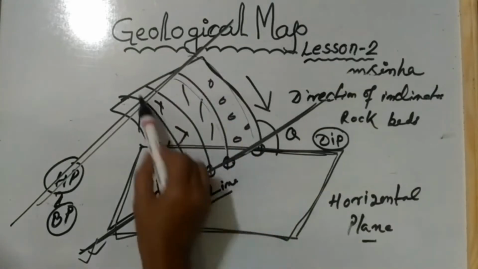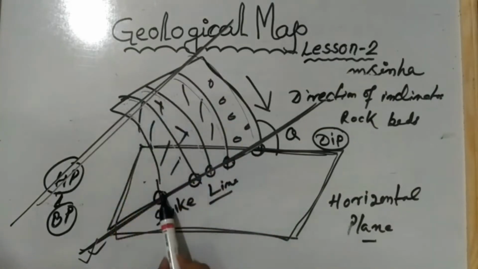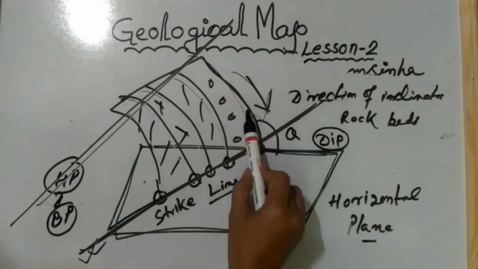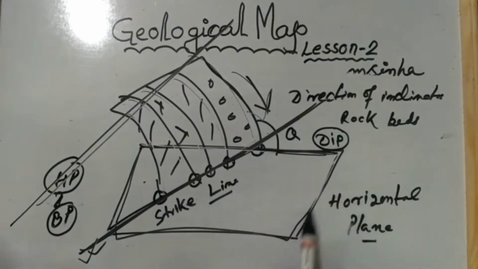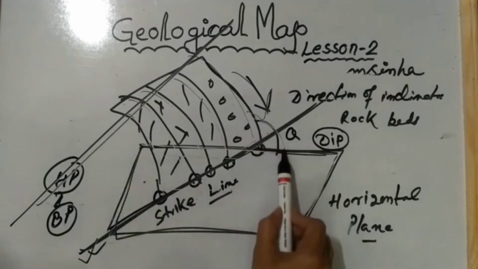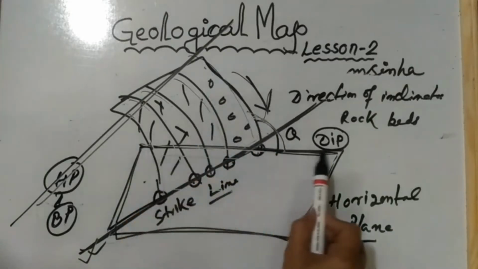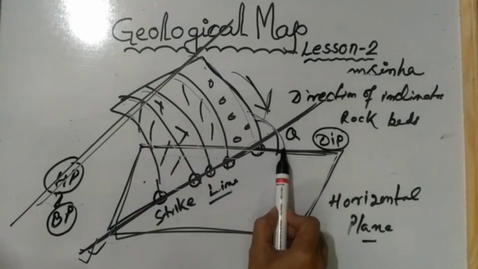Dip is the inclination of the bed. Those are the layers of rock strata, called rock beds. These rock beds are inclined in that direction. This rectangular plane is the horizontal plane. This theta angle, the inclination of the rock bed in reference to the horizontal plane, is known as dip.